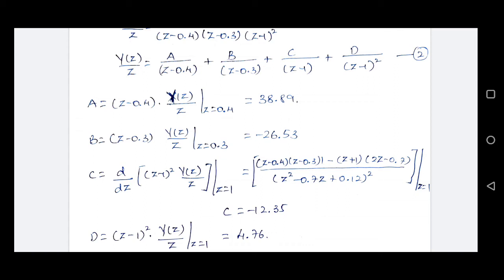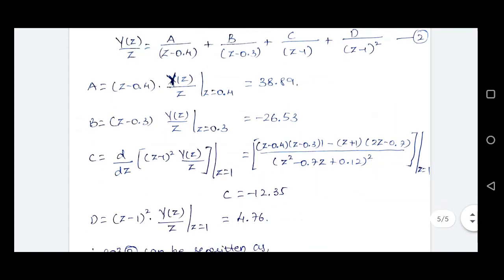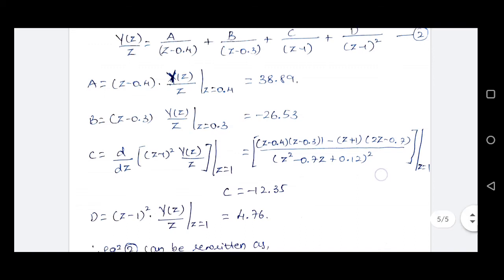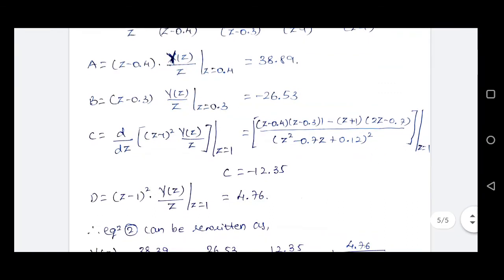A will be 38.89, B will be minus 26.53, and C, which is for a repeated pole, will be minus 12.35, and D, for the repeated pole, will get its value as 4.76.